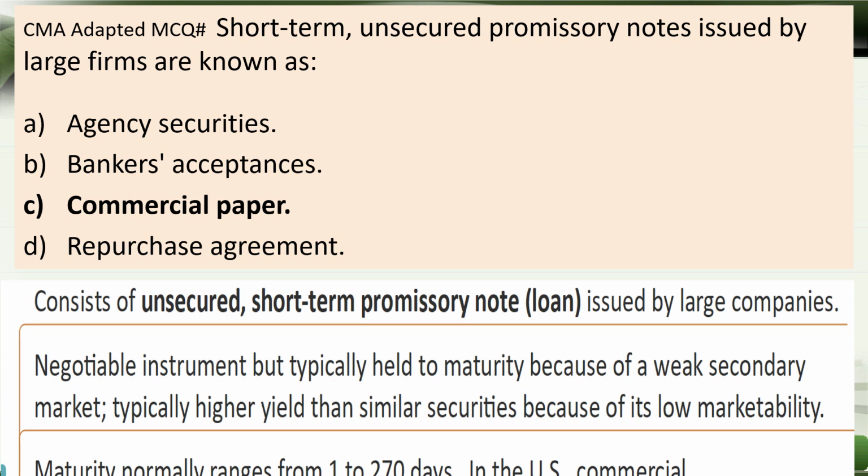And also bankers acceptance is from a bank, not from large firms. And D is repurchase agreement. They are actually purchases of securities from the US treasury kind of documents. So they are not unsecured promissory notes. So commercial paper is the right choice for this.